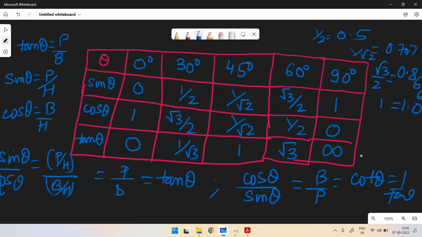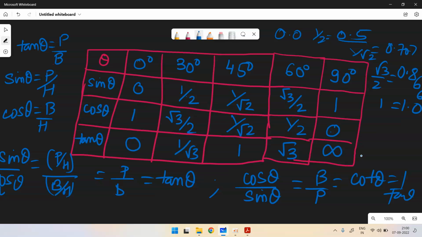Now for sine theta, if I am increasing my theta from 0 to 30 to 45 to 60 to 90, you can see that the value goes from 0.0, then half is 0.5, 0.707, 0.866, and 1. My sine theta is increasing from 0 to 0.5 to 0.707, 0.866, and then finally to 1 at 90 degree.